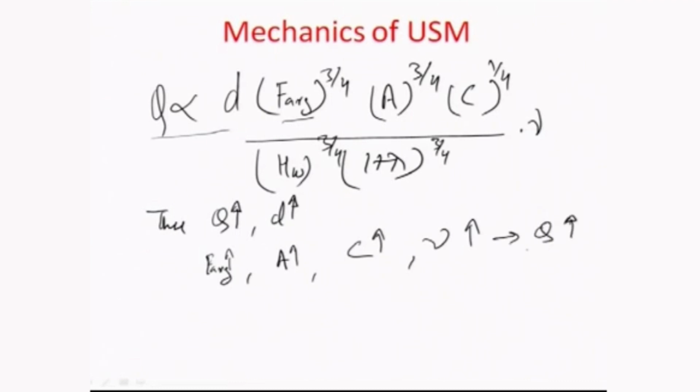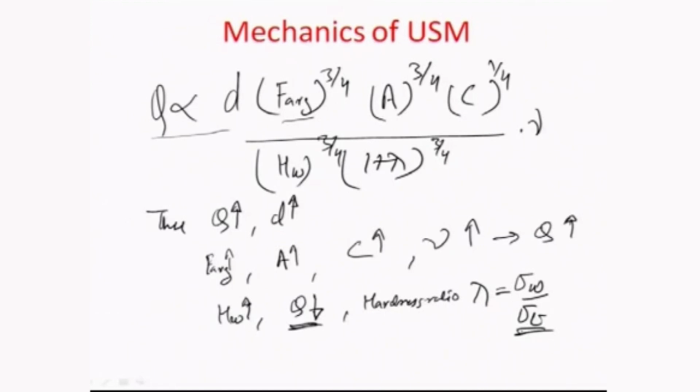So, the Q increases because of them, and if the hardness of the workpiece is more, then of course the Q falls down. Okay. So, Q is inversely proportional to it, and so is true about the hardness ratio, and hardness ratio, as you have earlier defined, is the relationship between the workpiece hardness or flow stress with respect to the tool hardness or stress.